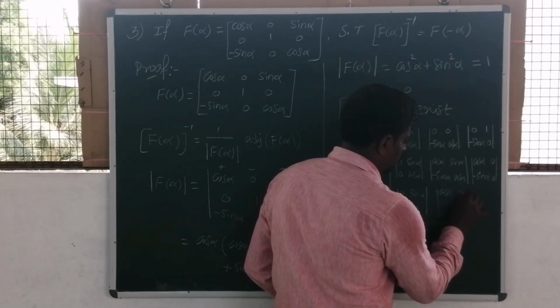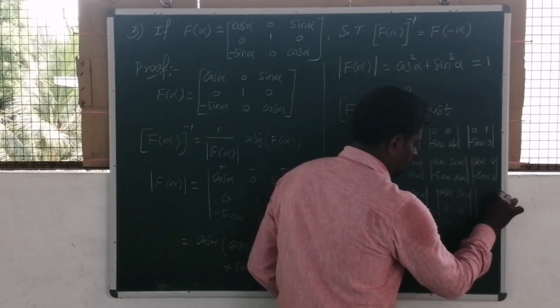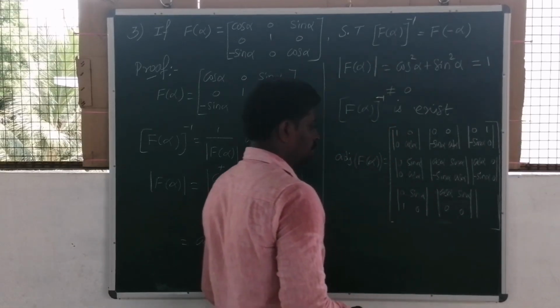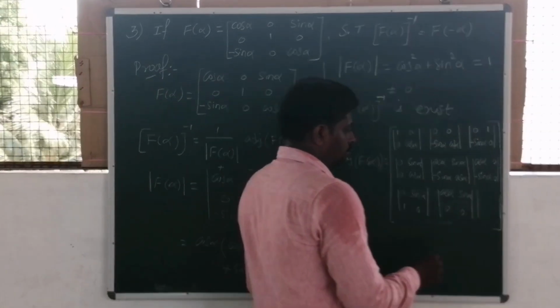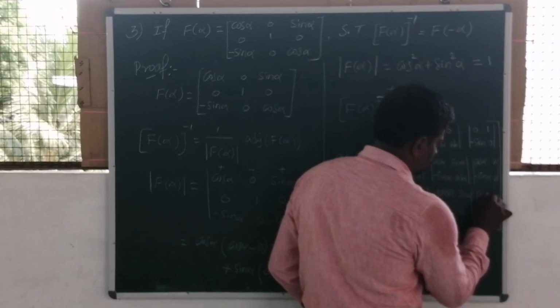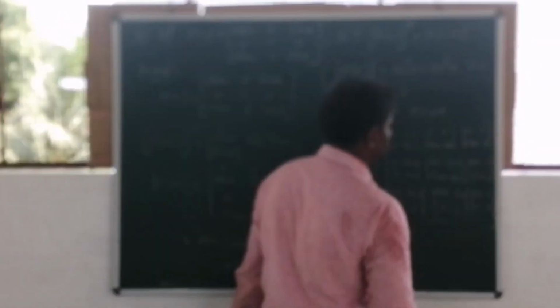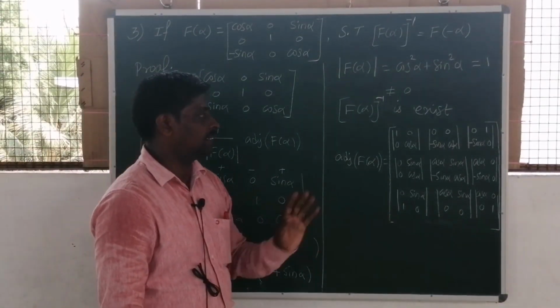The last, ninth element, third row third column, is cos alpha 0 0 1. This is the minor matrix.